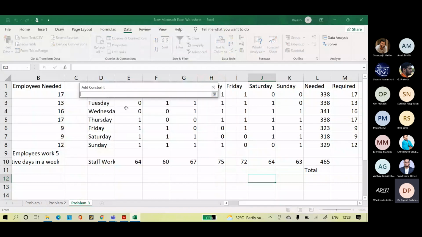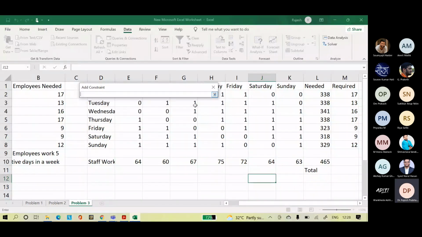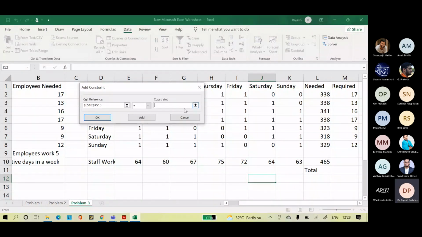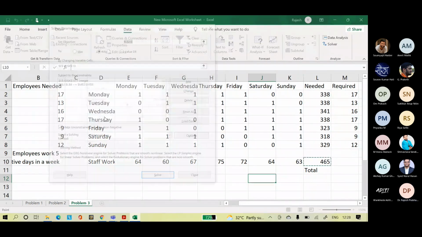Add constraint 1, these cells equal to int. Then these cells greater than or equal to these cells, click OK.